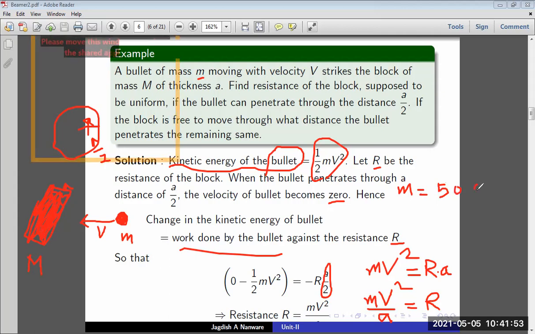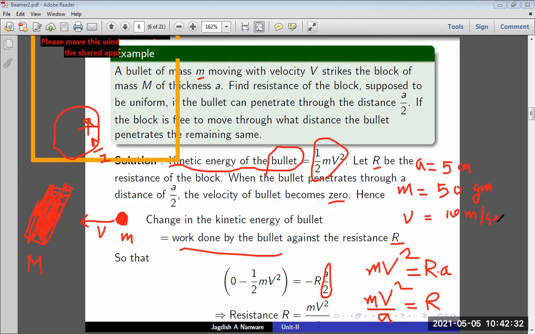The thickness of the block is, say, 5 centimeter. And whenever this bullet of mass 50 gram moves, it has some velocity, say the velocity is 10 meter per second.